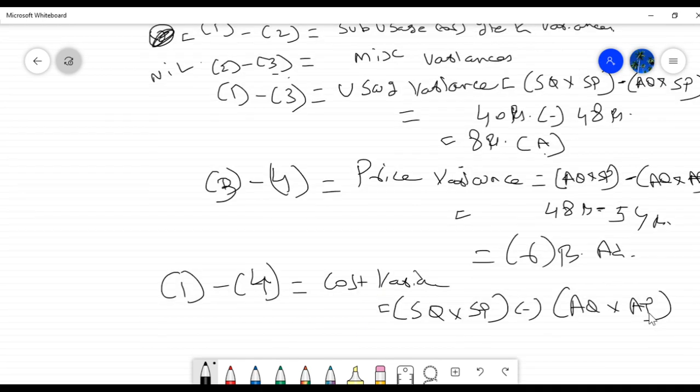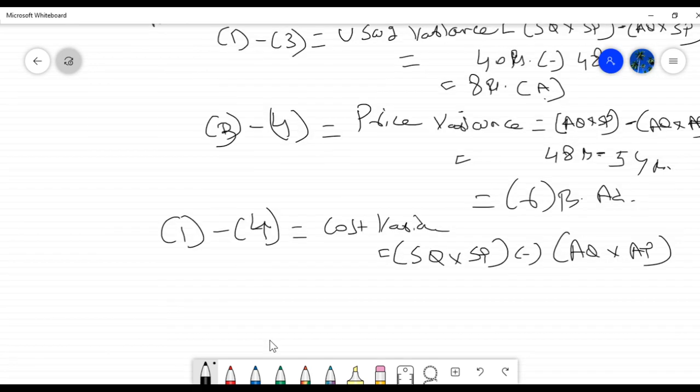This is exactly the variance. So what is the amount? 40 rupees minus 54 rupees equal to 14 rupees adverse.